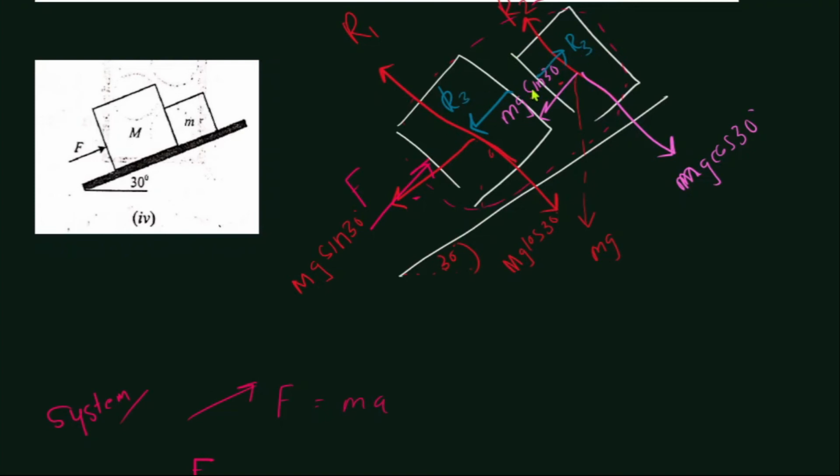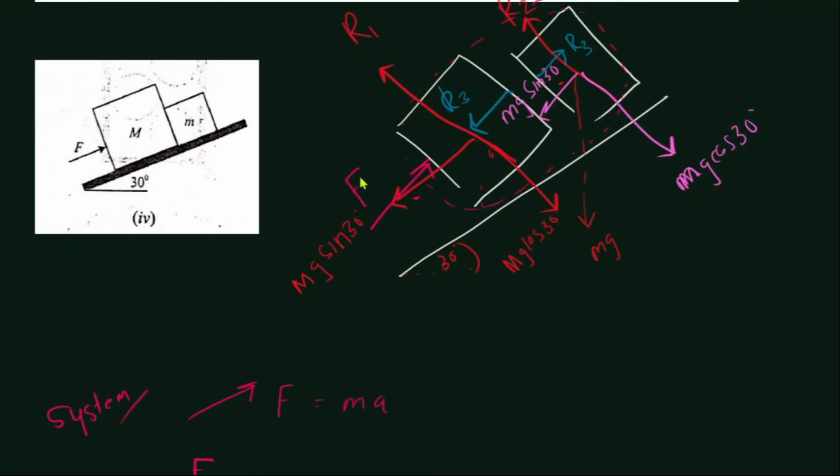Because they are internal forces when you consider the system completely. And the reaction forces, mg cos 30, R2, simple mg cos 30, are all perpendicular to the plane. They are perpendicular to the direction in which I apply F equals ma, right? So therefore, they are not going to come into the equation.